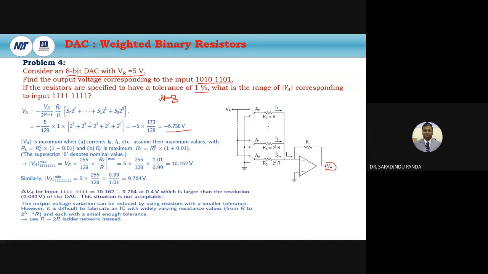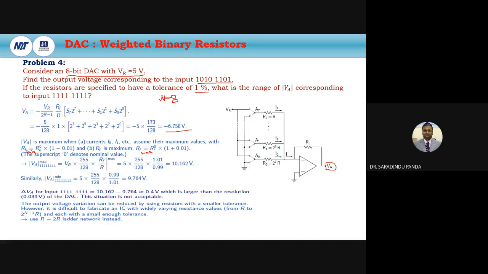That is written over here. This is the minimum and this is the maximum. For this reason, this is minus, that means R minus 0.01, that means 1%.